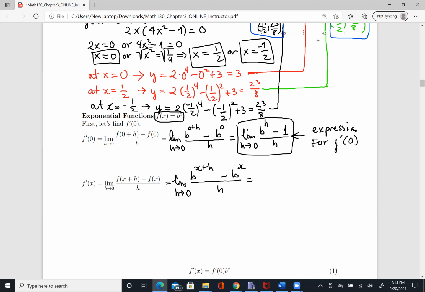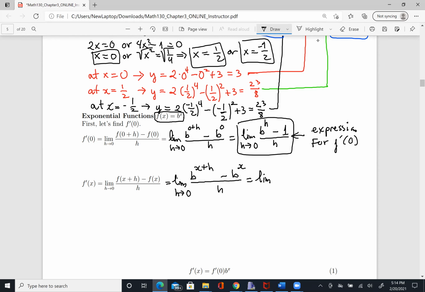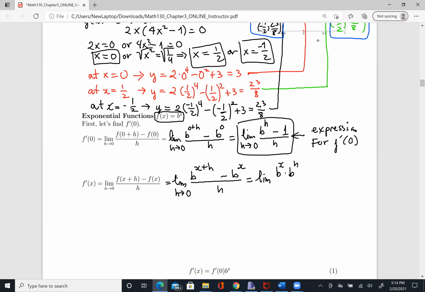That will give me the limit of b to the power x times b to the power h. Remember that b to the power x plus h can be rewritten as b to the power x times b to the power h. And then I minus b to the power x here, divided by h, for h going to 0.